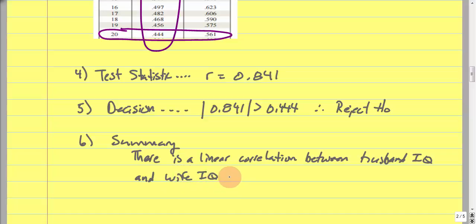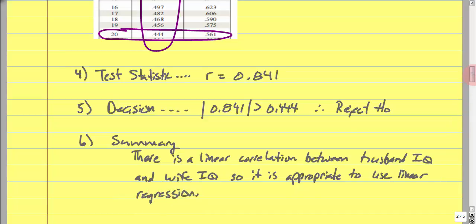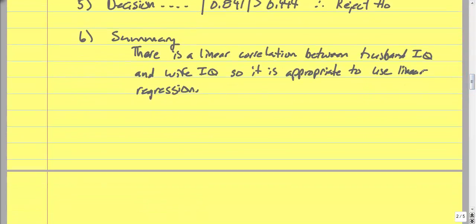And the whole idea of this is we want to know if it's appropriate to use this linear regression. So there is a linear correlation between husband IQ and wife IQ, so it is appropriate to use linear regression now, because we've established that there is a linear relationship or a linear correlation, so linear regression makes sense. Okay, so that's kind of the end of that first step. We have to establish that that's true.